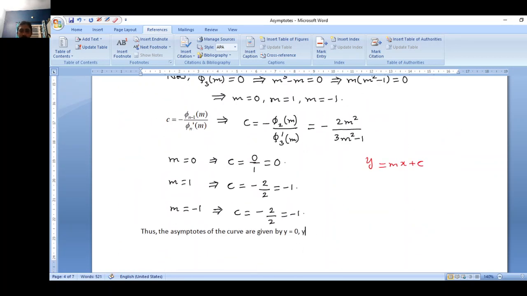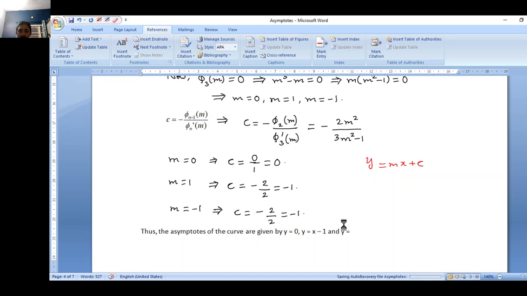The next asymptote will be obtained by taking m equals 1 and c equals minus 1. So what do we get? M equals 1 means we have y equals x, plus c is minus 1, so accordingly this will be x minus 1. Okay, so this is the second asymptote, and the third asymptote is obtained by taking m equals minus 1 and c equals minus 1.